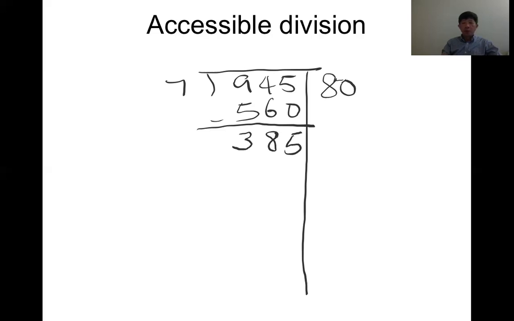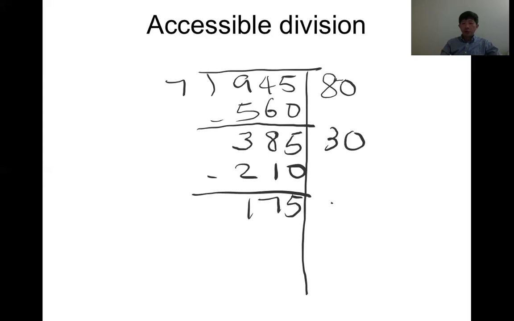Now, what's the number I can fill in? Can I say 30? Yes, I do 30 this time. 7 times 30, how many? Which is equal to 210. 385 minus 210, how many? 175. Now 175, what number do I fill in?